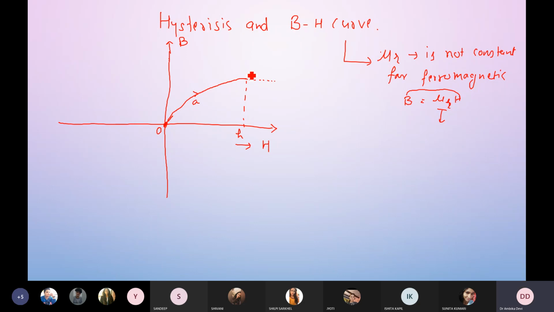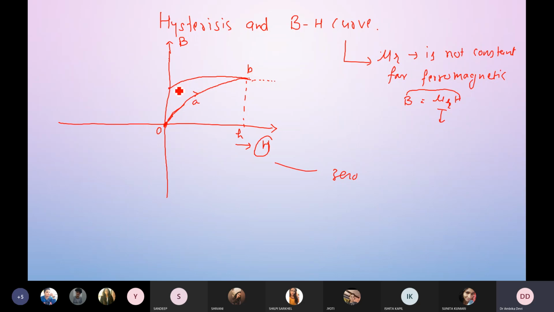Let's say this point is B. If you decrease the magnetic field, the same path will not be followed by the magnetic flux density. In this situation, this kind of behavior will be followed. It will decrease, but it will have a positive value.